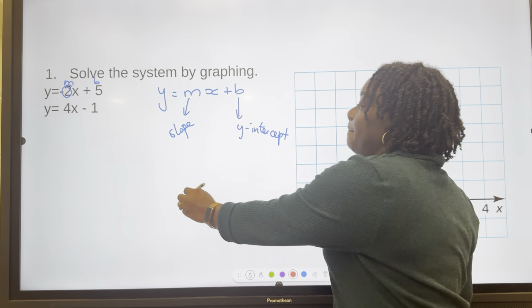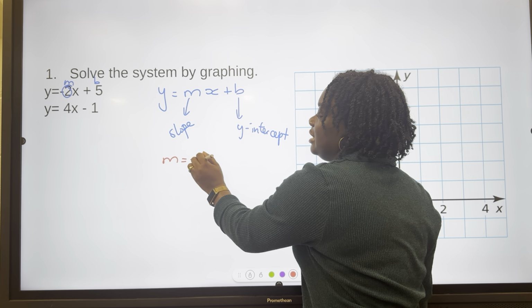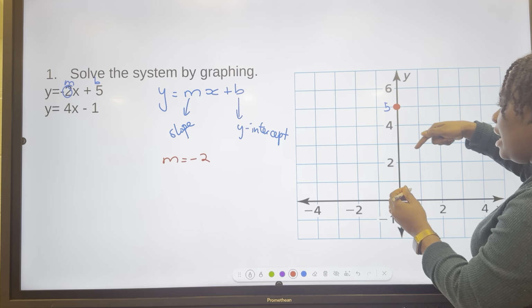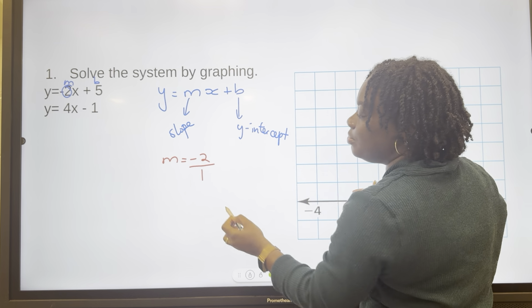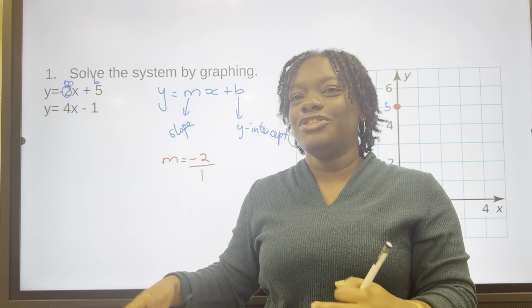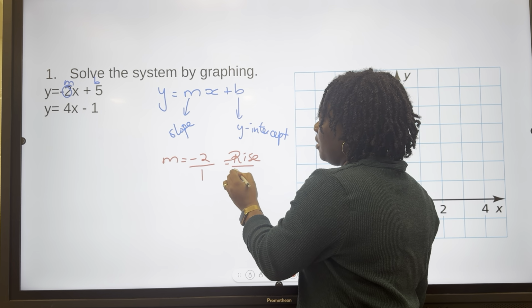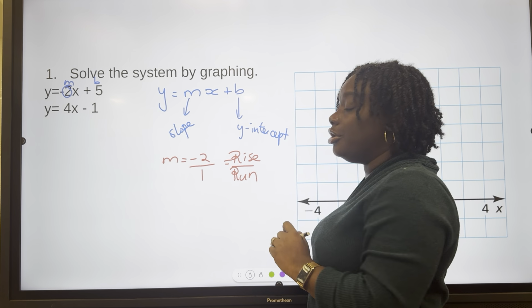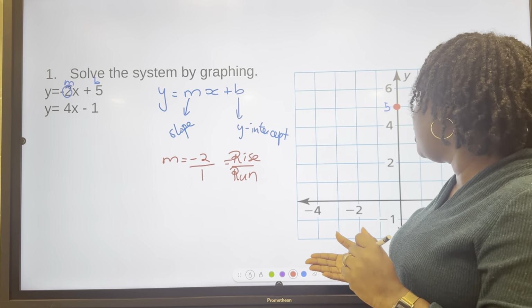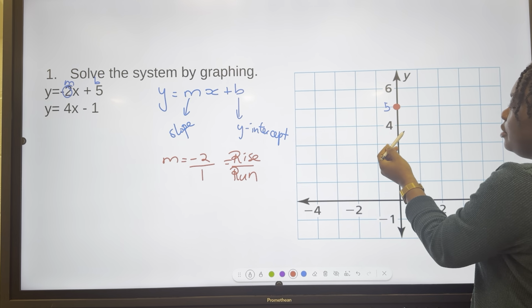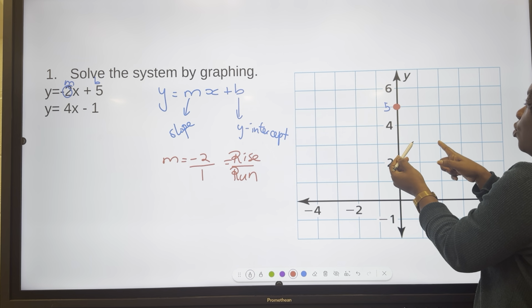My m right there is a negative 2. It means that I'm going to be going down 2, and I like to write it as a fraction, rise over run, to get my second point. I'm coming down because it's negative 2, so that's 1, 2 down and 1 to the right.